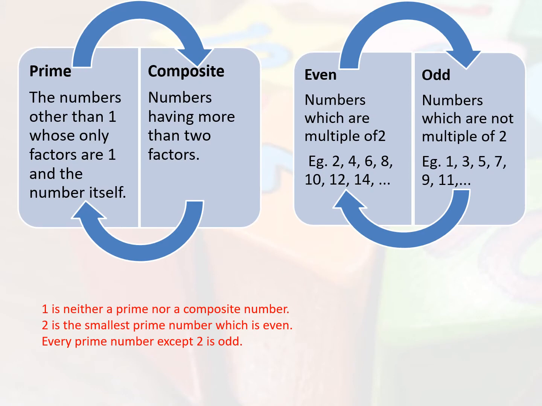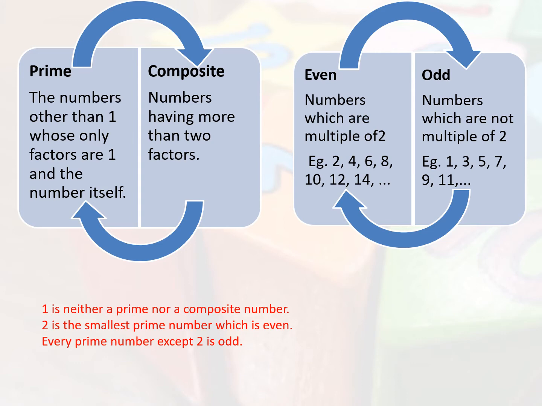Again, I have taken a few basic definitions which will help you to solve the questions. Prime and composite numbers, even and odd numbers. Let us start with prime numbers: the numbers other than 1 whose only factors are 1 and the number itself. See, you have to check for the factors. There should be 1 and the number itself, and we are not including 1 in this list.